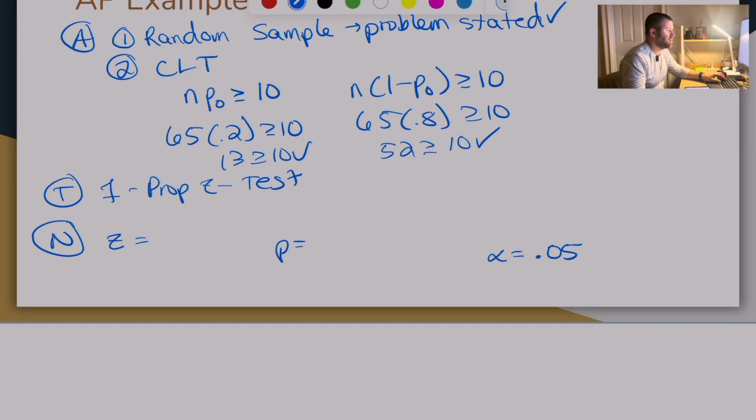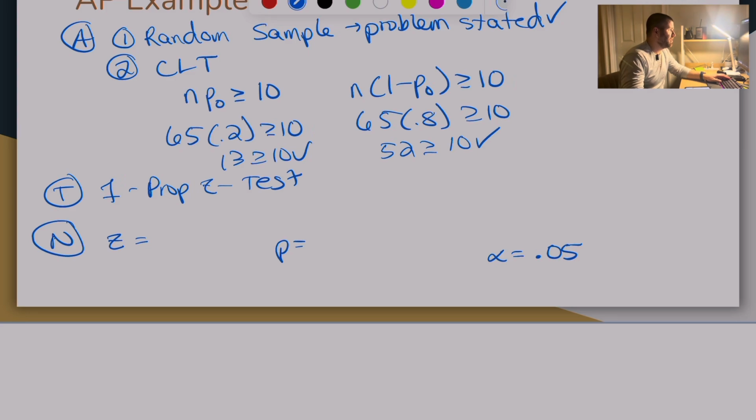On your TI calculator, you would go under stat and then tests, and then plug in the numbers that you have here. For me, this is my 0.2.